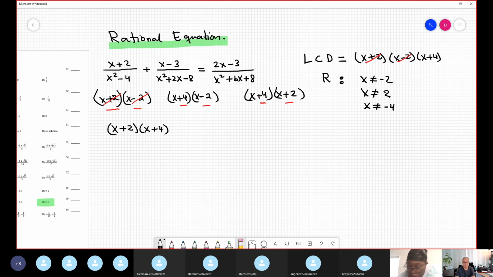And the first one plus, and the second, using another color: x plus 4 is cancelled, x minus 2 is cancelled, and what stays is the part I don't cross in blue color, which is x minus 3, the corresponding numerator, times x plus 2.